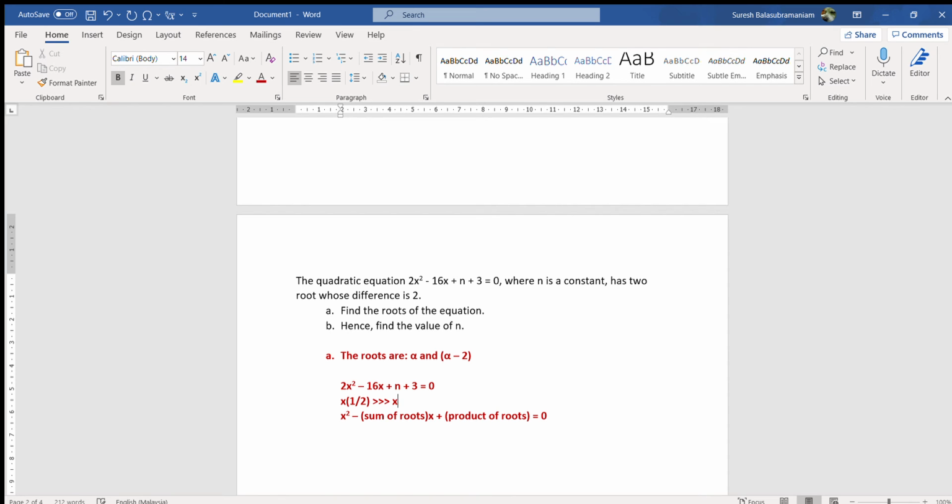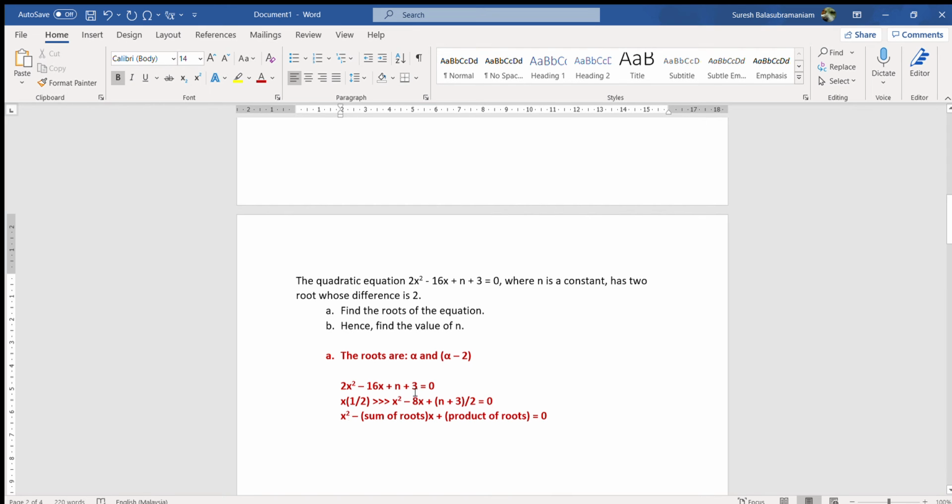So I'll get x squared minus 8x plus (n plus 3) over 2 equals 0.